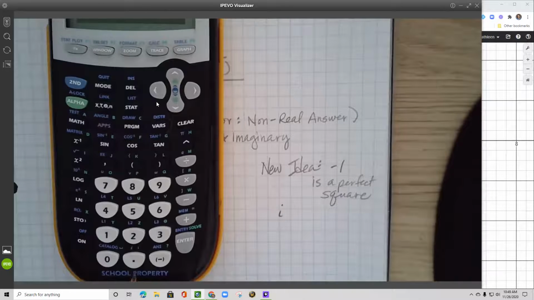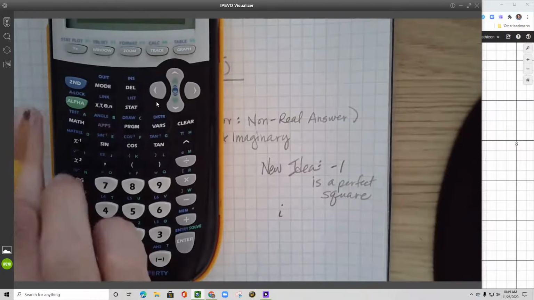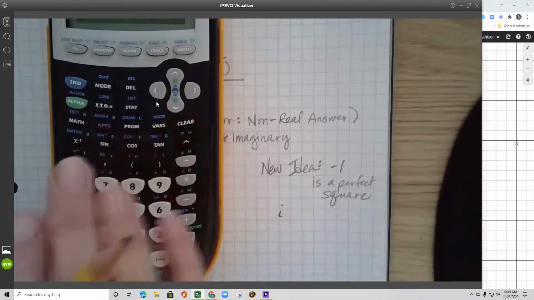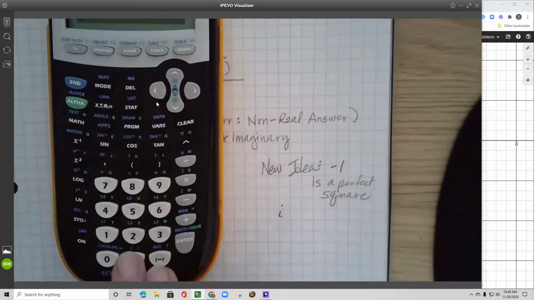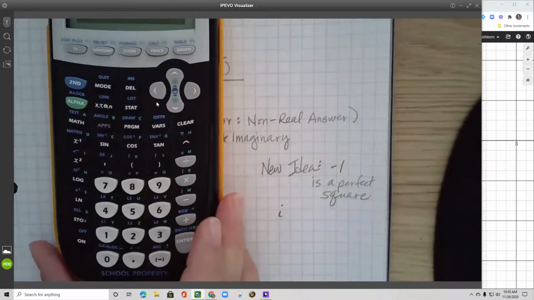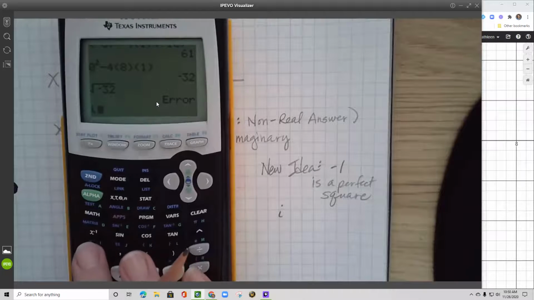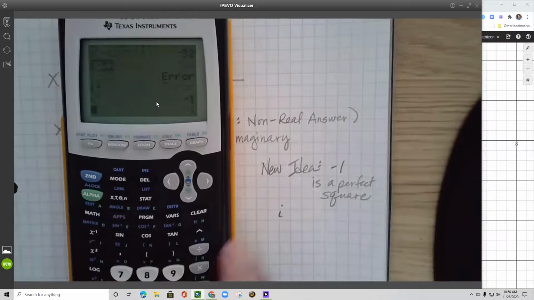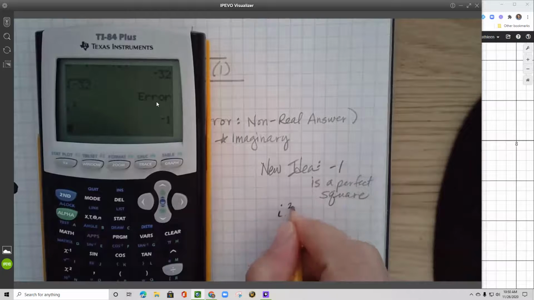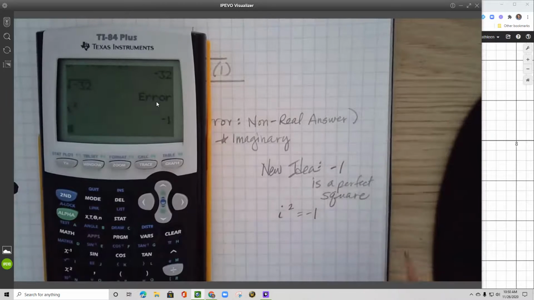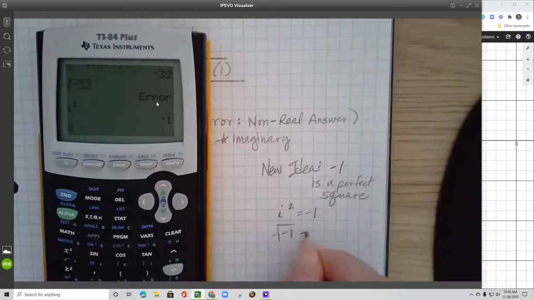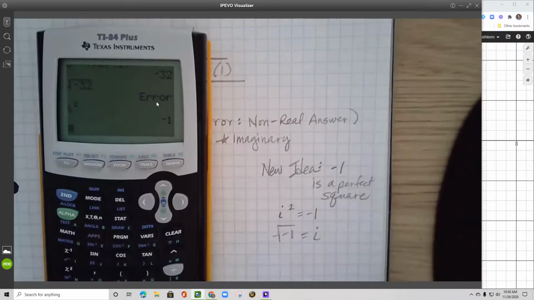It's not ever used as a variable. But if you do second decimal, it'll put an i on your screen. And you can do i squared, and that's negative 1. So if i squared is negative 1, then the square root of negative 1 has to be i.